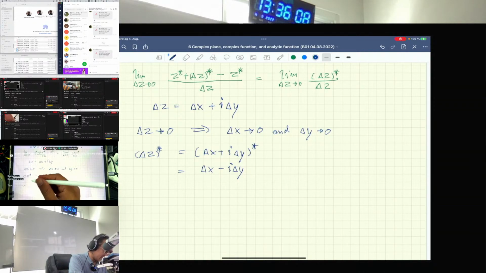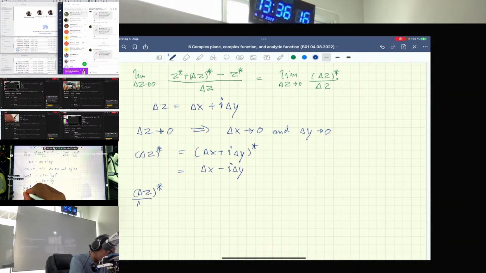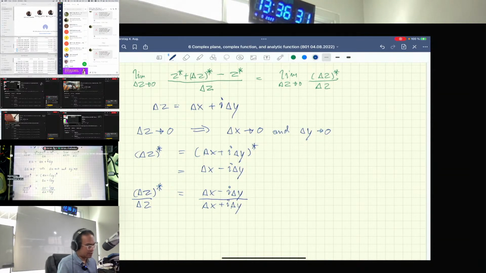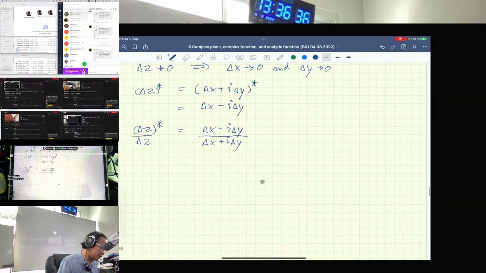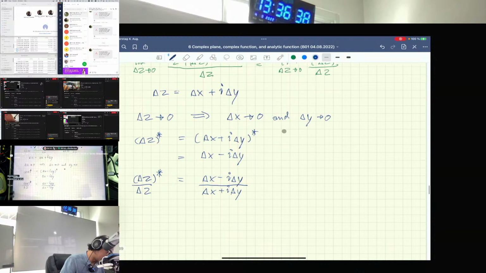Now we consider the limit. We consider the ratio delta z star divided by delta z, which will be delta x minus i delta y divided by delta x plus i delta y, like this. And now it's time to take the limit.